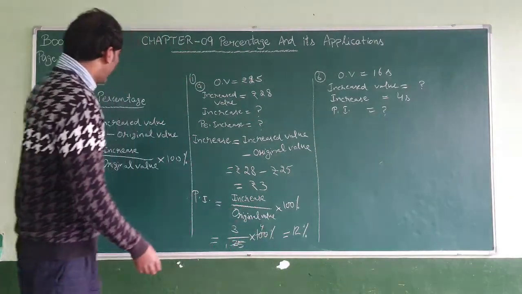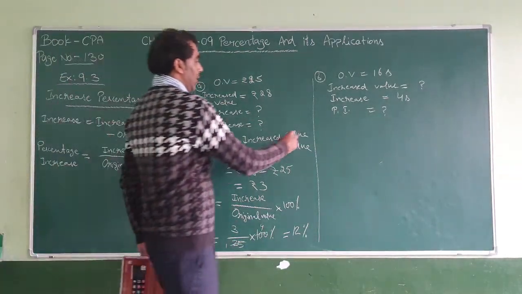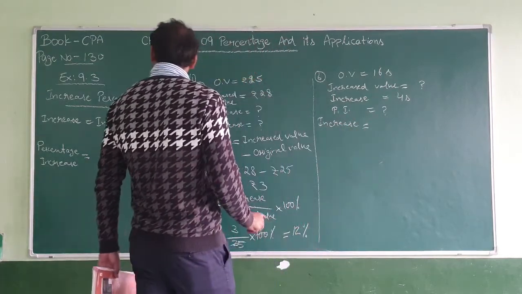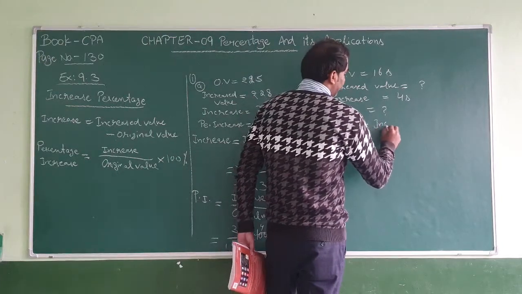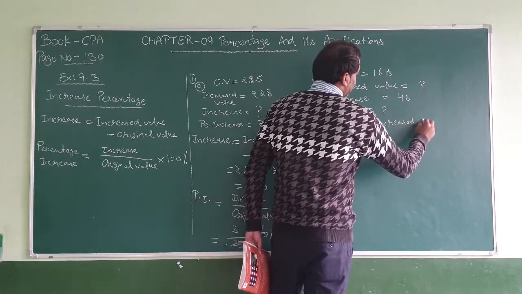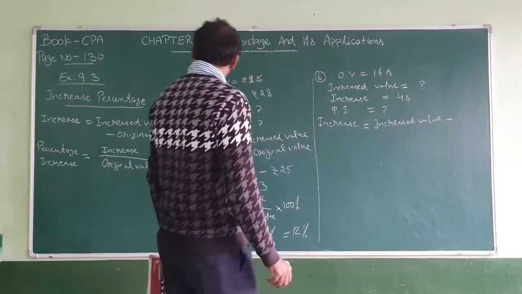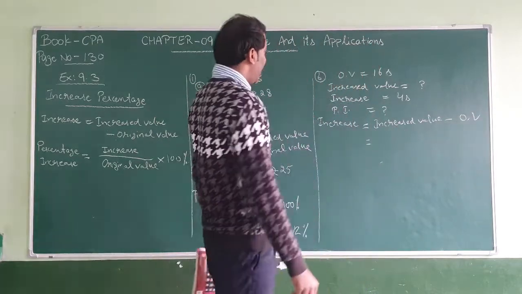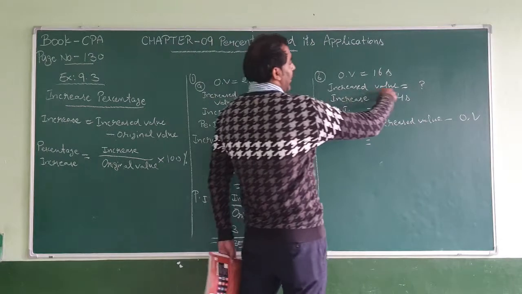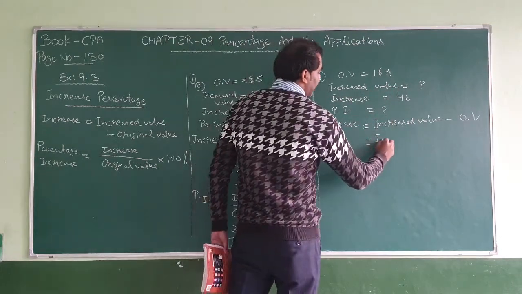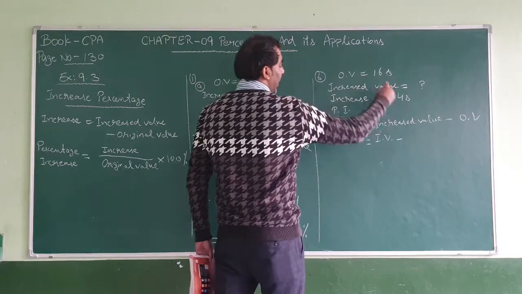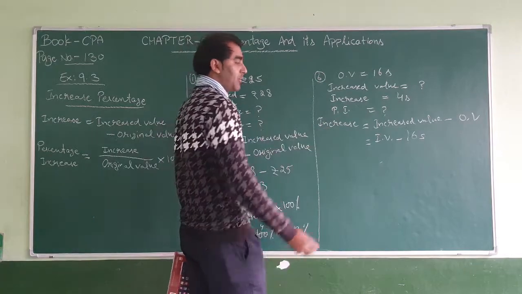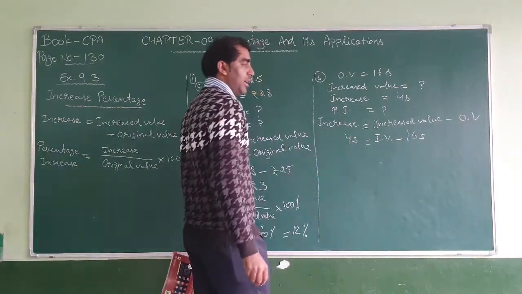So first of all, what is the formula of increase? Increase equal to increased value minus original value. So now we have increased value, no value, minus original value 16s, and increase is also 4s.